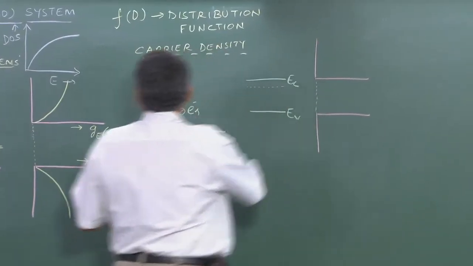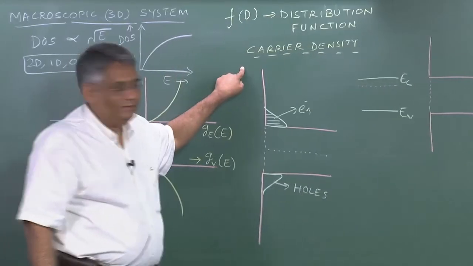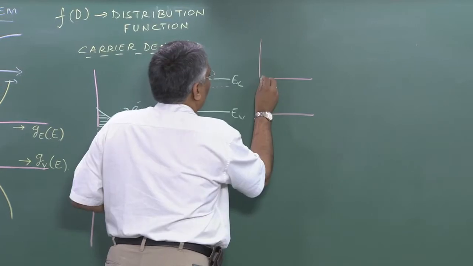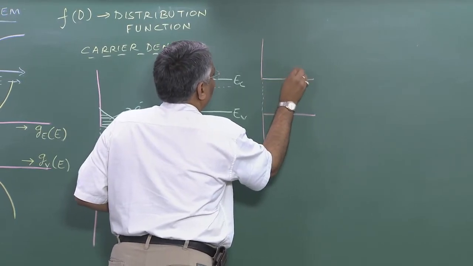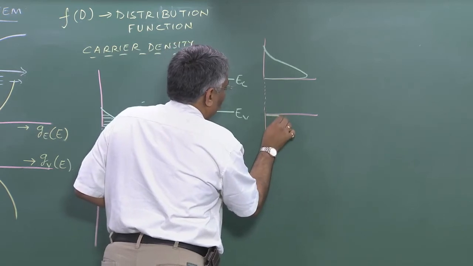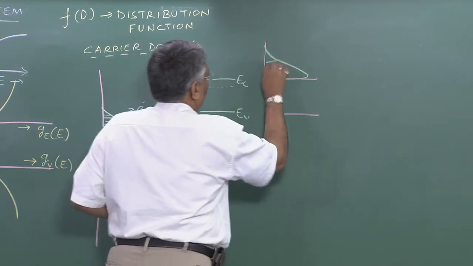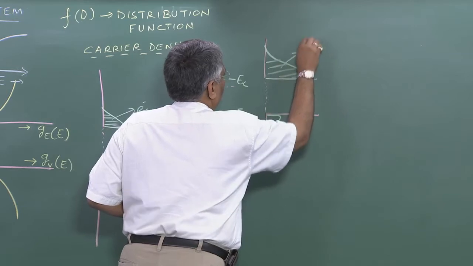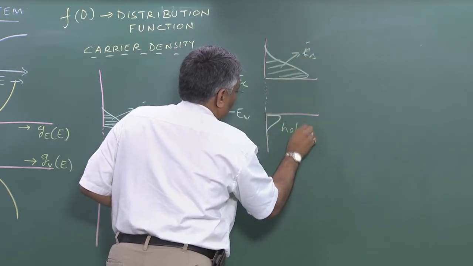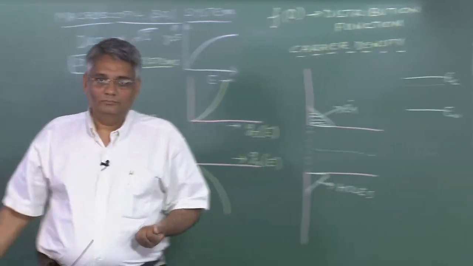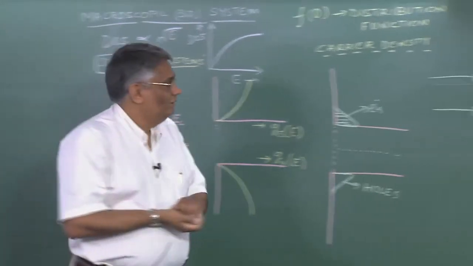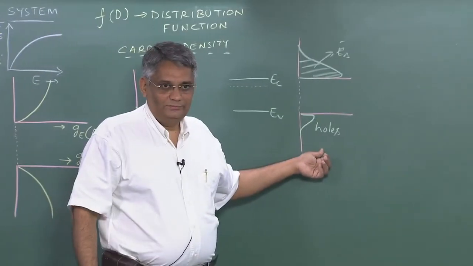So if you look at the carrier density in this particular case, what you will see is so there electrons become the majority carriers and holes become the minority carriers.